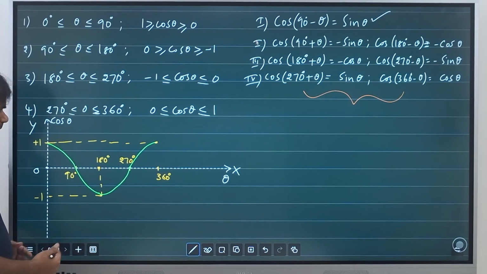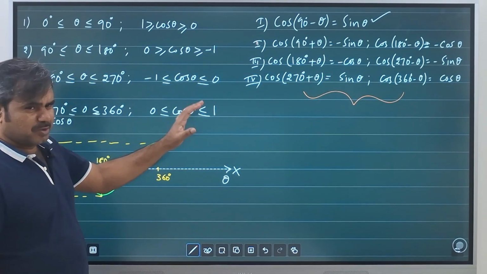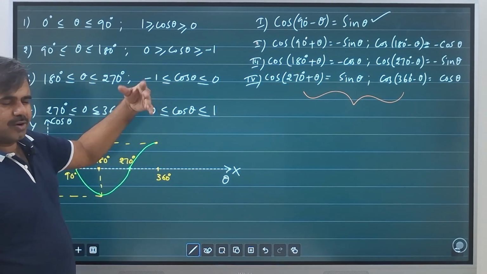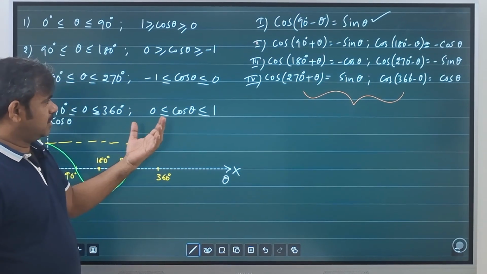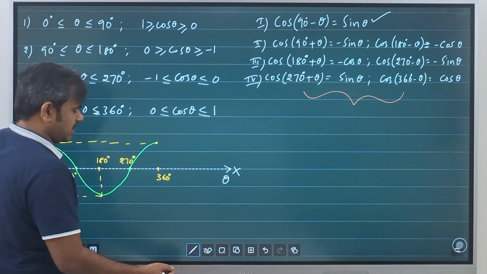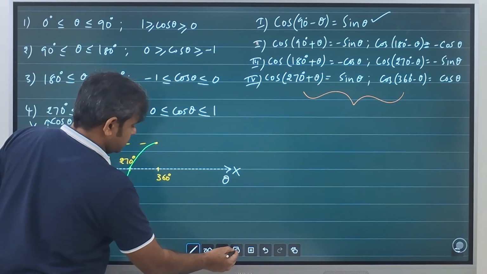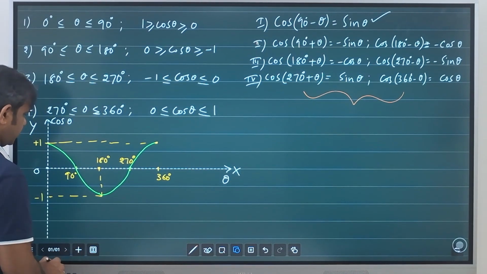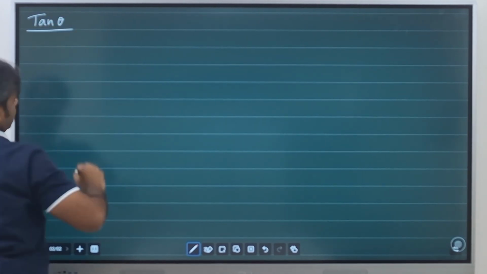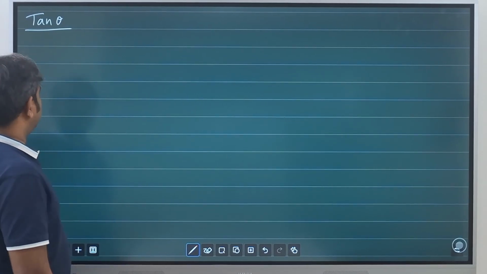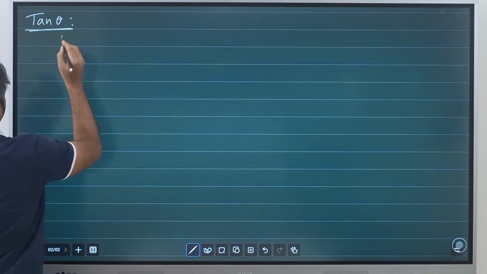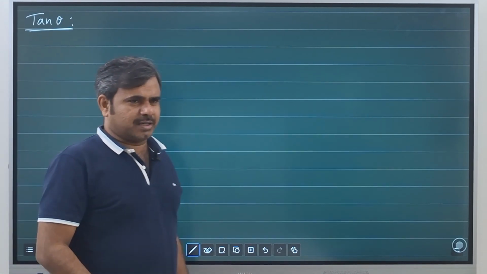I will not discuss the details because you already have come to know how to find out whether sine theta, cos theta or tan theta is increasing, and whether it is positive or negative. Now let's discuss how tan theta changes as angle theta changes in different quadrants.